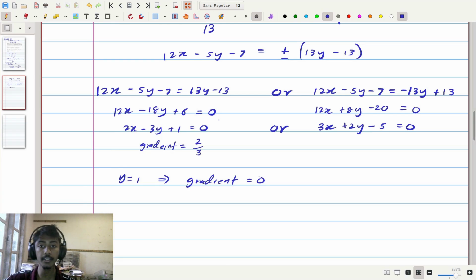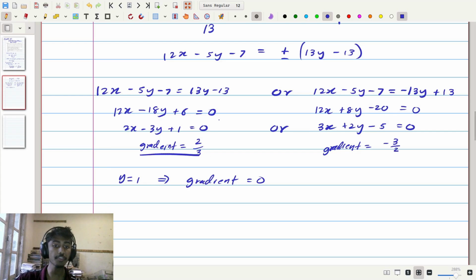Now considering the other line, if I take the 2y to the other side, we have minus 2y, and if I divide both sides by minus 2, we get minus 3 over 2. So therefore the gradient here is minus 3 over 2. So the gradient of the first line is 2 over 3, the second line is negative 3 over 2, and y equals 1 has the gradient of 0.